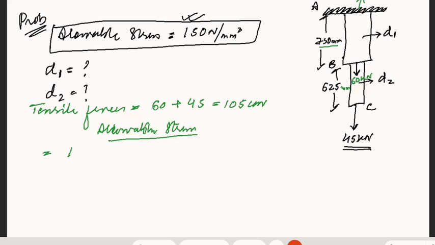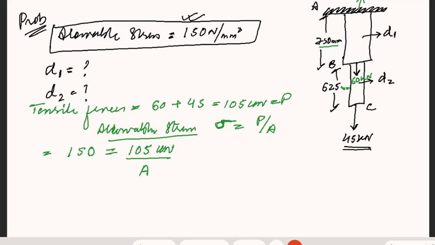Therefore, you can write 150 as the stress, and the load is 105 kilonewton, and we have the cross-sectional area, in order to calculate the dimensions. Stress, sigma, is equal to load per unit area. This is your P, and area is what we need.